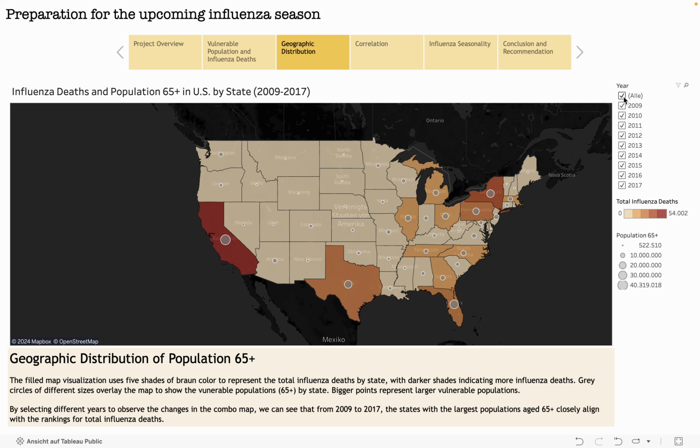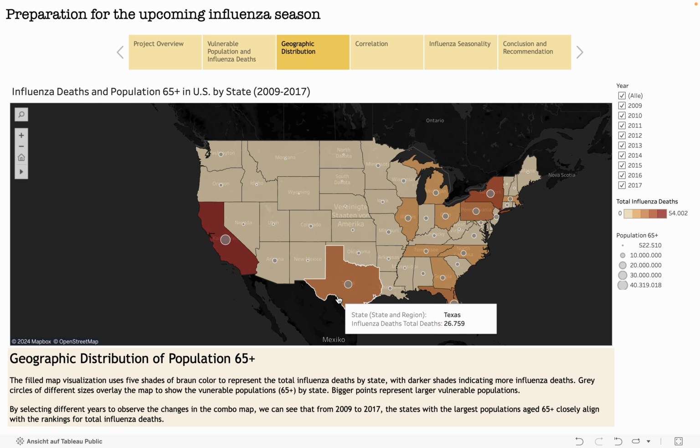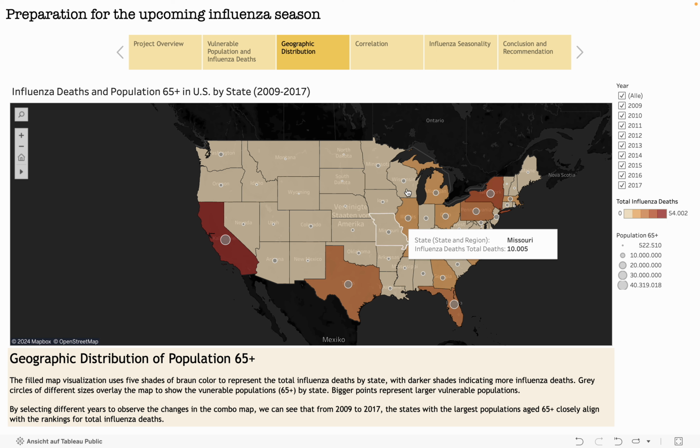The patterns show that states with larger elderly populations tend to have more influenza deaths. This insight is also important for deciding where to send resources and how to create targeted strategies for areas most affected.